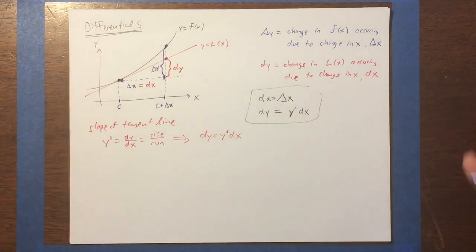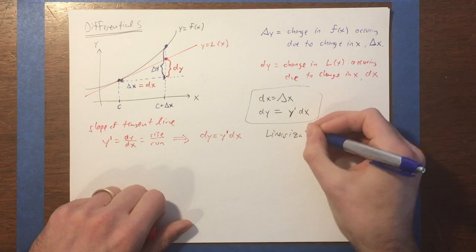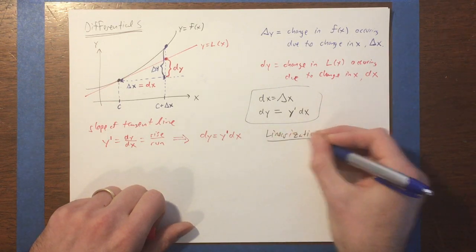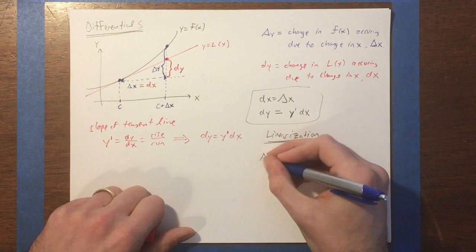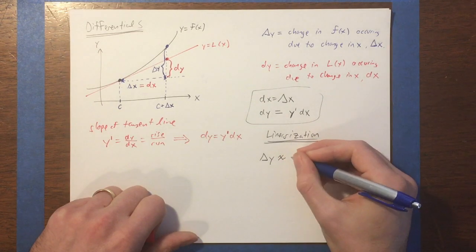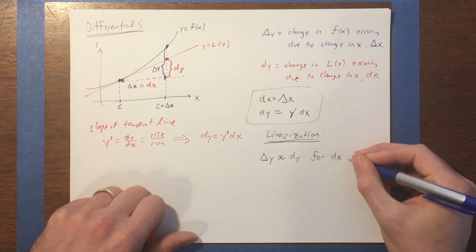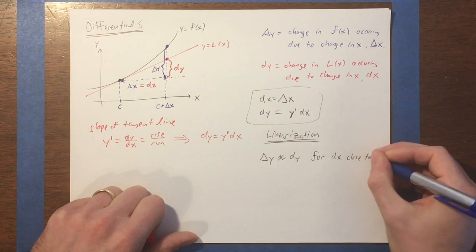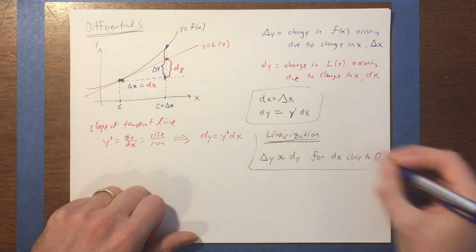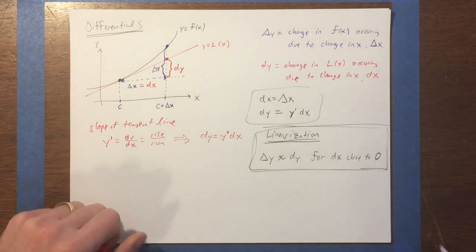And now with this vocabulary we've established, the idea of linearization is basically that delta y, the actual change in the function value, is approximately equal to dy for dx values close to 0. So this is rephrasing that idea of linearization in terms of the differential.